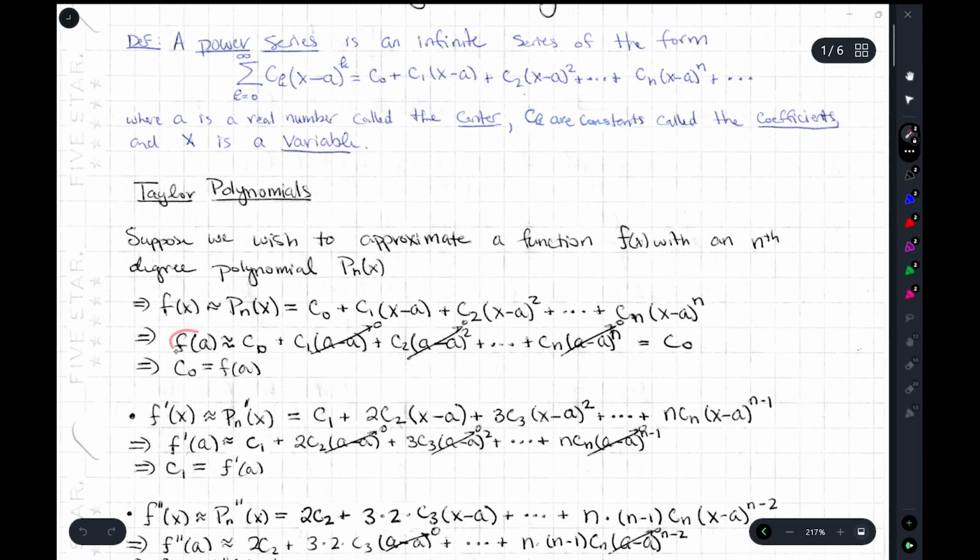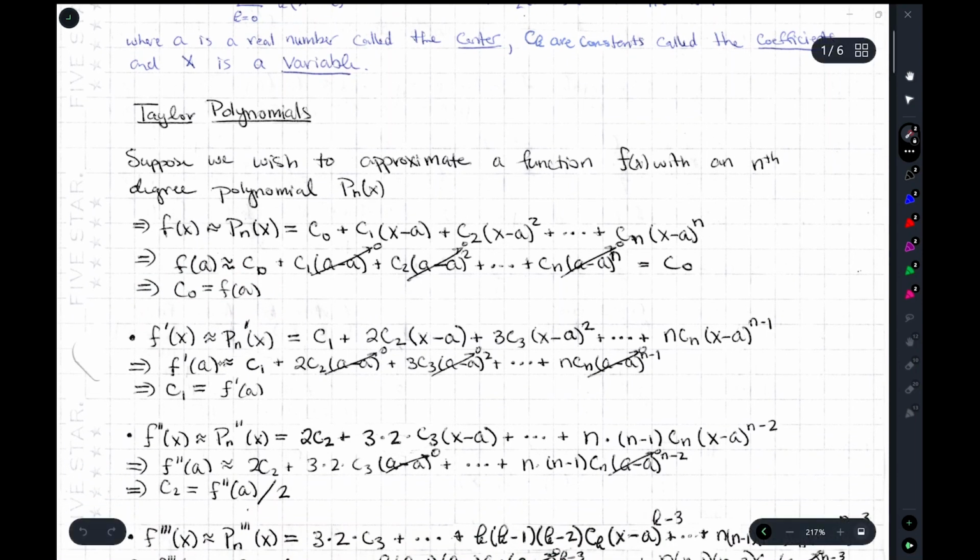Notice that if we plug a into p_n, look at what happens to all these terms. It's a good idea to have a matching condition: c_0, the only term that survives once we plug a into p_n, should be equal to f(a). We set that equal to f(a) to get an approximation.